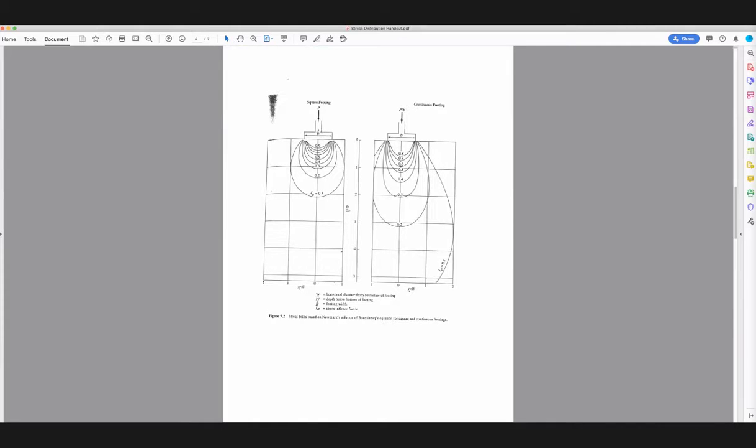In a sense, this one is square, but for the moment I'll talk about it like it's a circle just because it's easy to use the word diameter. And you might be a half a diameter below the center of the foundation. You might be 2 diameters below the corner of the foundation, and so on. You might be 3 widths B below the center of a strip foundation, and that's going to put you here.